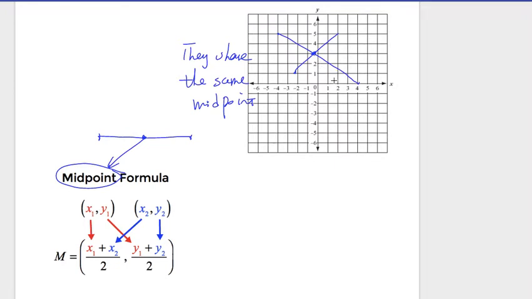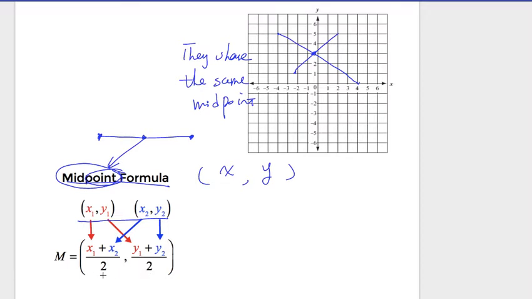Let's look closely at the midpoint formula. First of all, a midpoint is still a point, so it has an x coordinate and a y coordinate. The midpoint formula is: if I give you two random points, the endpoints, and I want to locate the midpoint between them, we find the sum of the x's and the sum of the y's, and divide each by 2.